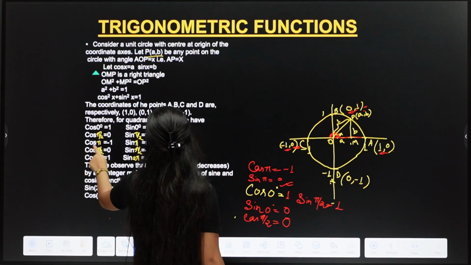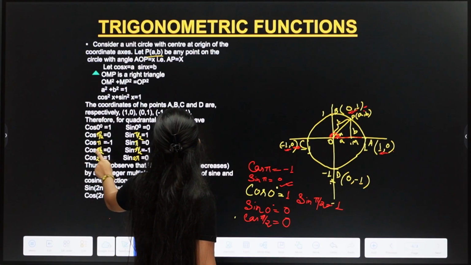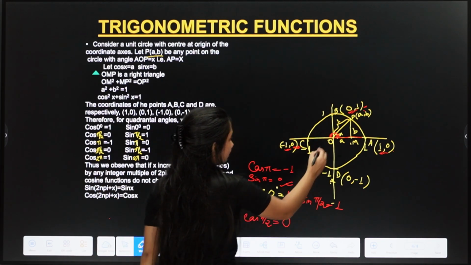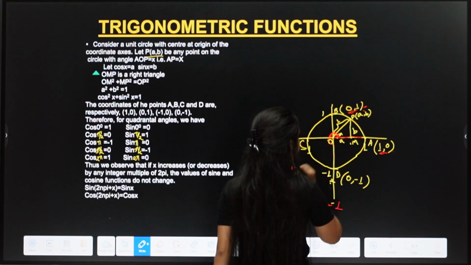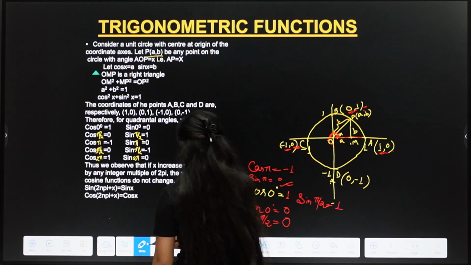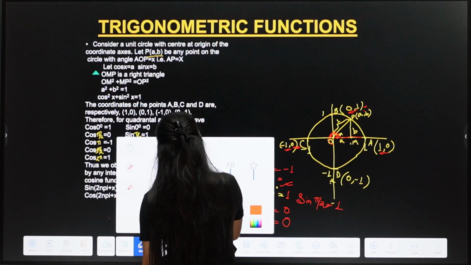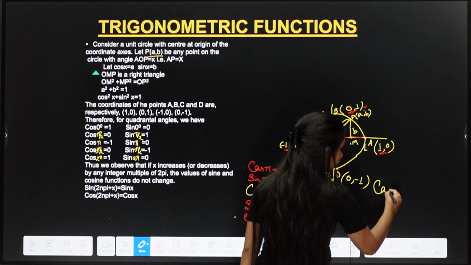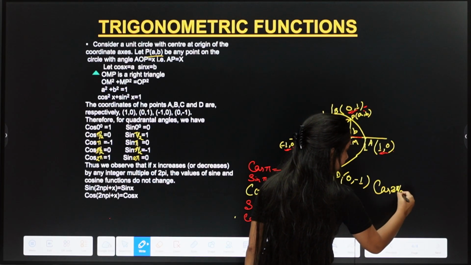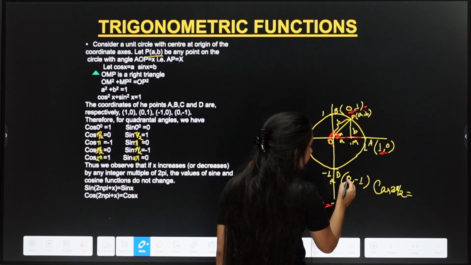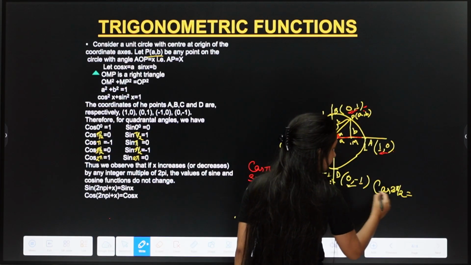Again, if we put 3 pi by 2 in place of x in cos x, then it will make this angle, that is 3 pi by 2. Since it makes 3 pi by 2, here the a coordinate is 0, then cos 3 pi by 2 will be 0.